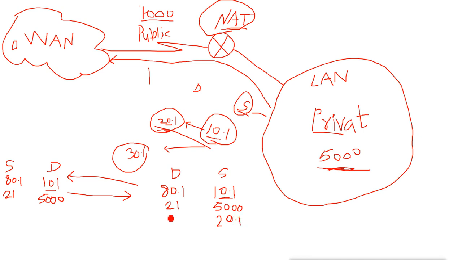The destination will remain the same and the destination port will remain the same. Now the source port it will choose randomly. The router will note what port it is choosing here. For example, it has chosen 6000. So it translates 10.1 to this.